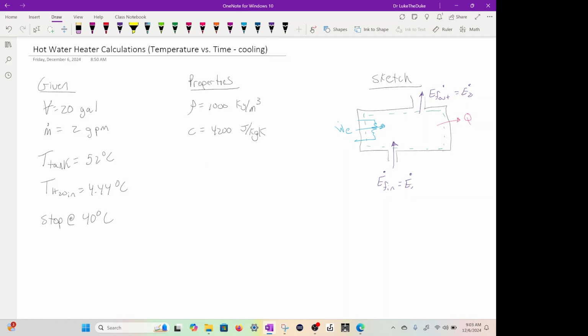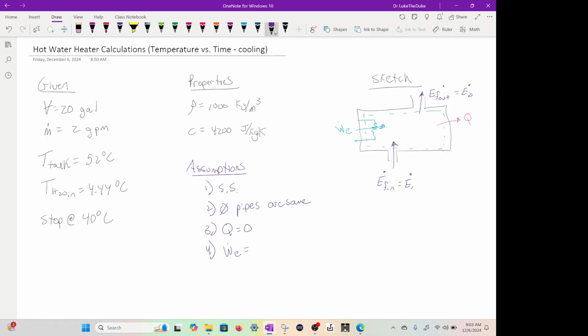Assumptions. Steady state. The diameters of the pipes in and out are the same, so we don't have to worry about change in velocities. It's adiabatic, so Q is 0.